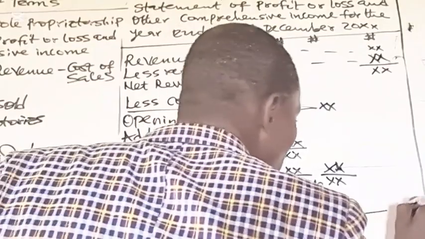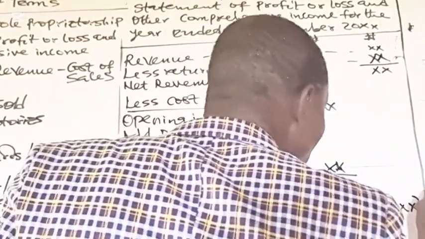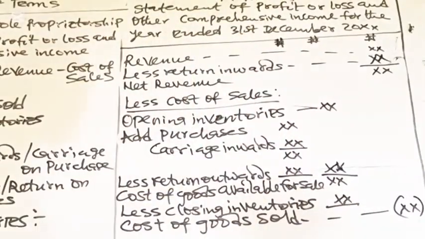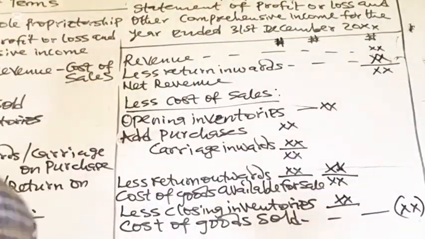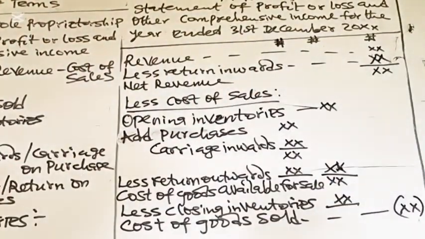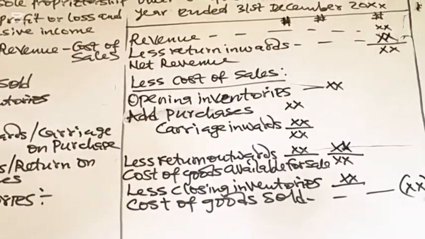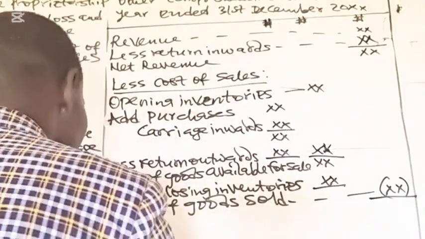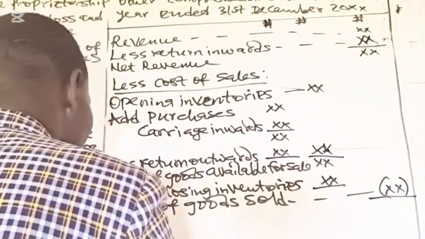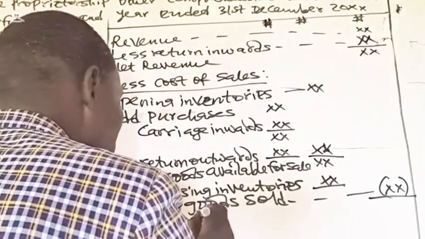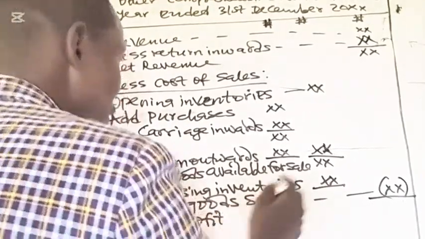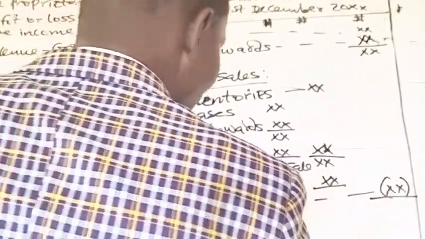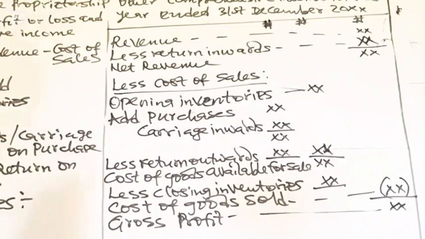The cost of goods sold will now be subtracted from the net revenue obtained above in order to arrive at the gross profit. Remember, I've told you gross profit is the excess of revenue over cost of sales. Now you've gotten the gross profit.